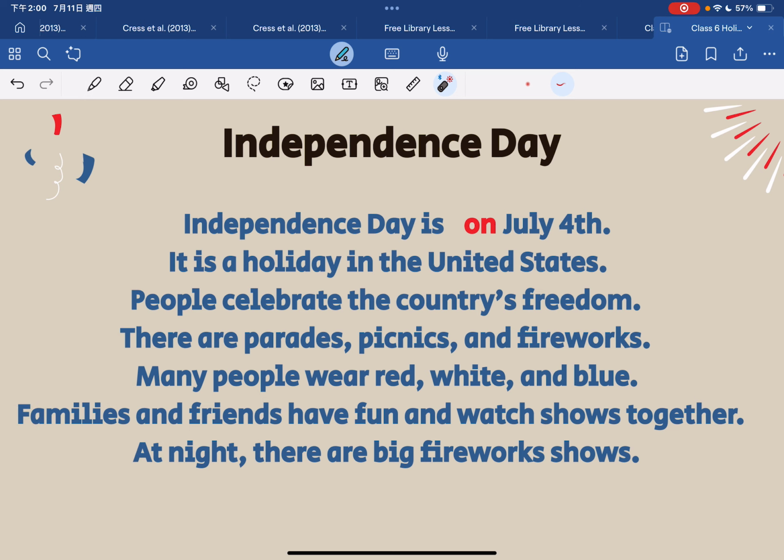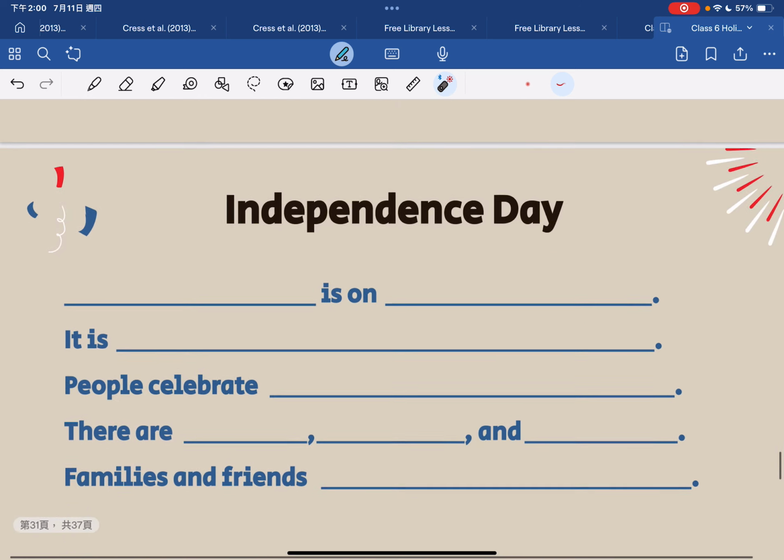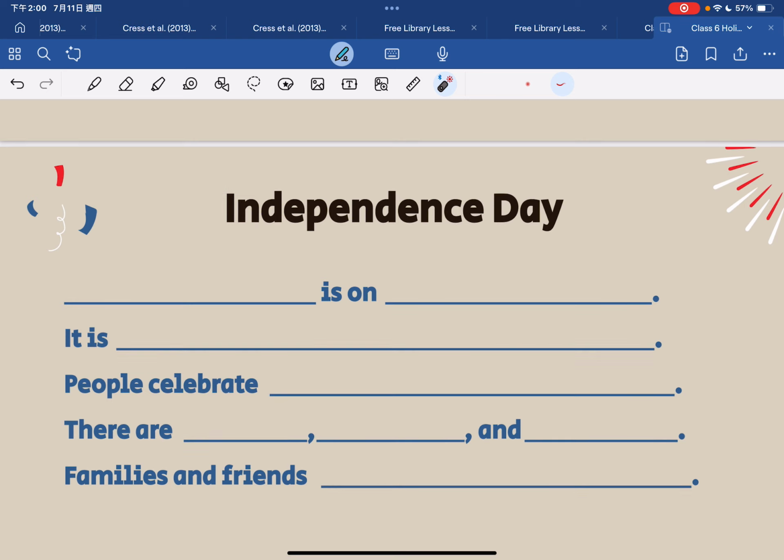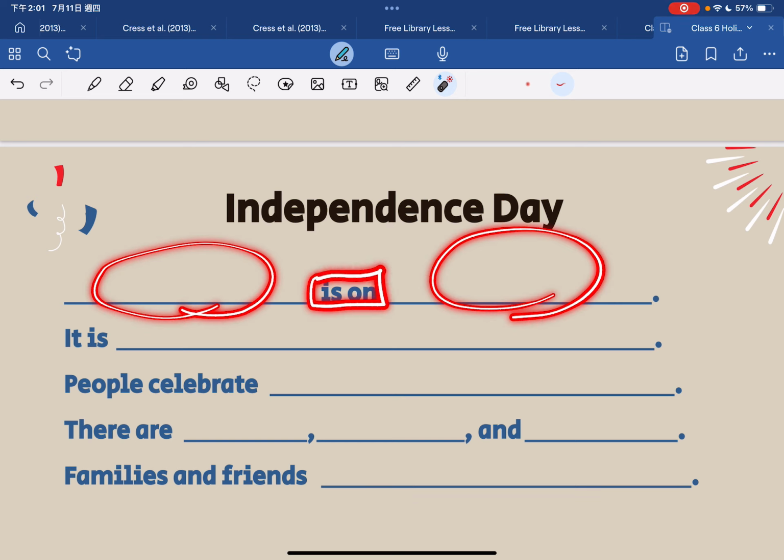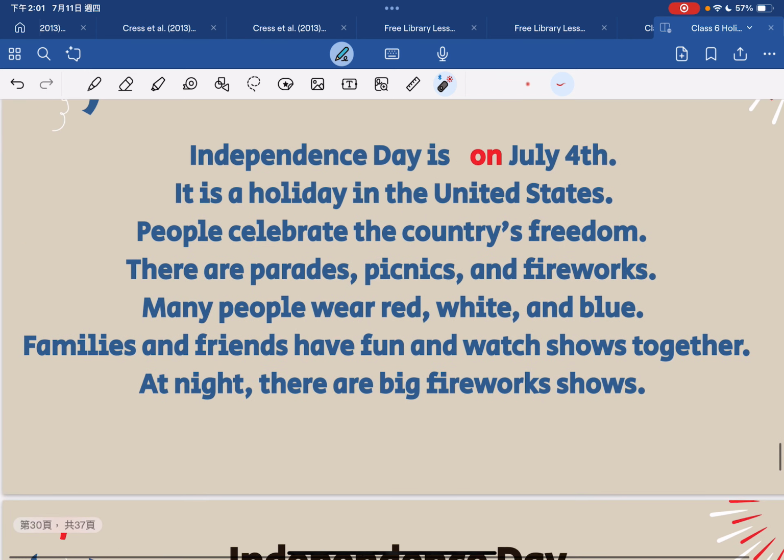Now you will see a lot of blanks on the worksheet. What I would like you to do is put the information in the blanks based on the clues we have here. For example, here we have "is on."